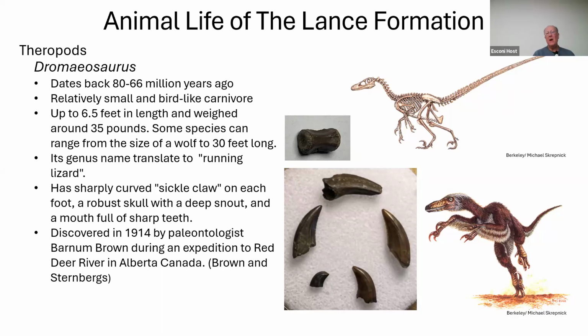Dromaeosaurs date back to 80 to 66 million years ago. They are relatively small bird-like carnivores. They were up to 6.5 feet in length and weighed around 35 pounds. To give you an example of today's carnivores, the American eagle has a wingspan of about the same length as my arms, as much as 6 feet.